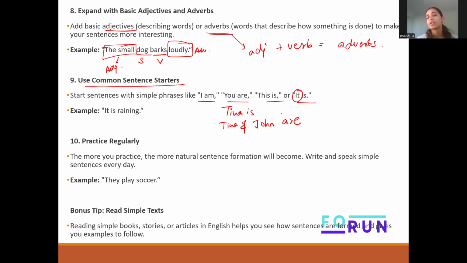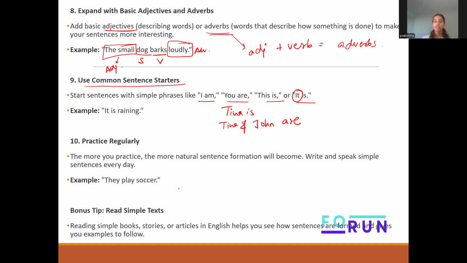For an object, you can use it, right? And practice regularly, of course. The more you practice, the more natural it is going to come out of you. It would not look forced. It would not seem like you have thought a lot about it, and it will just flow naturally.